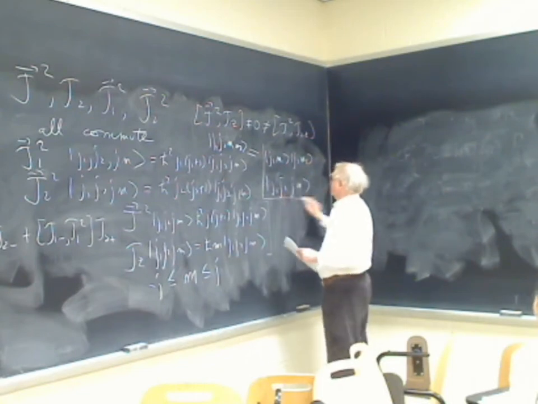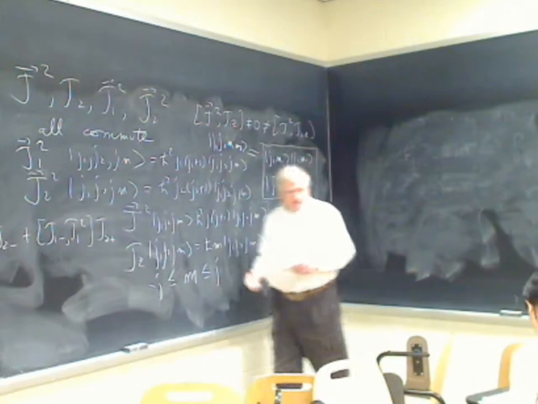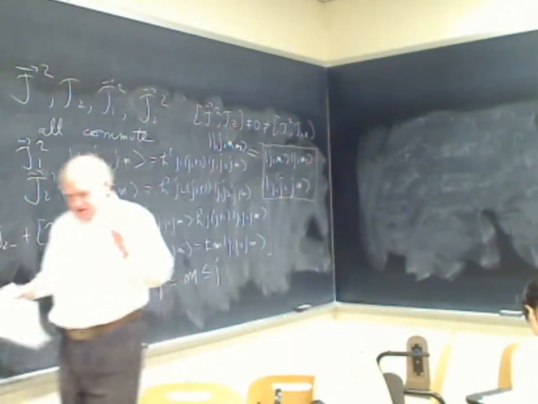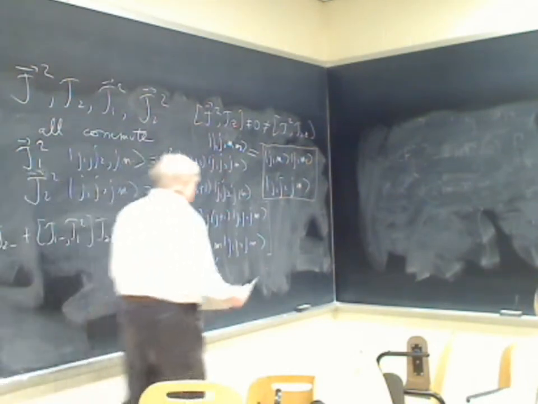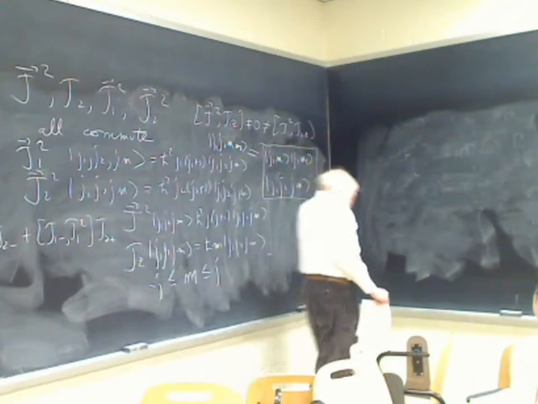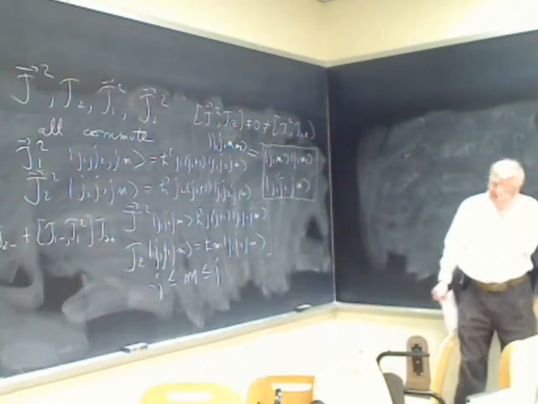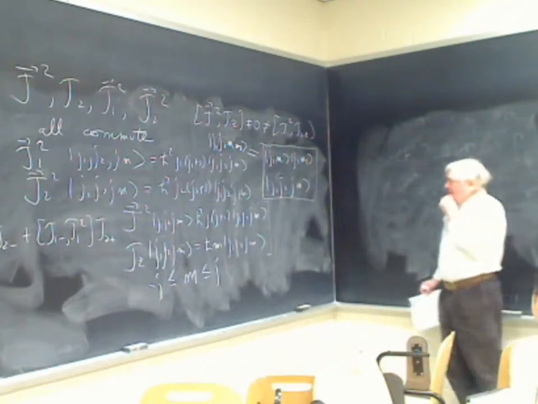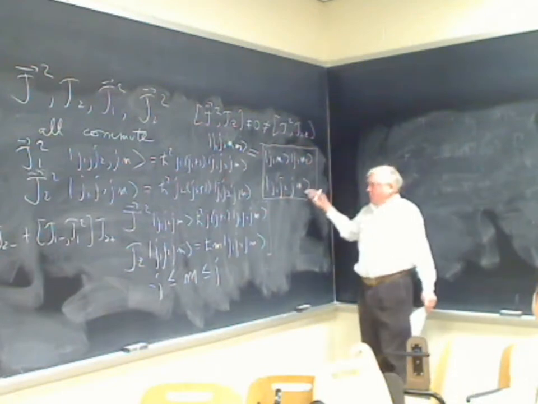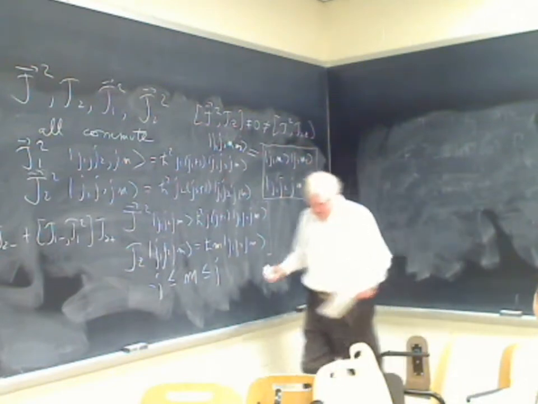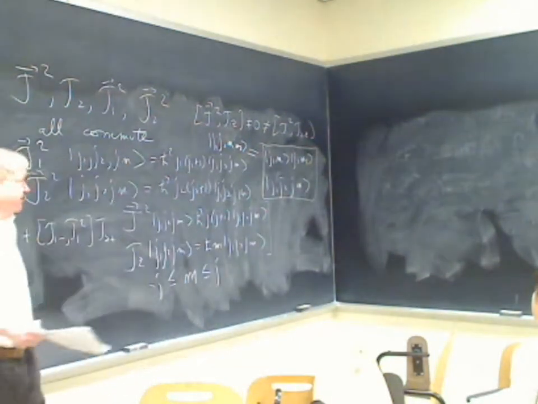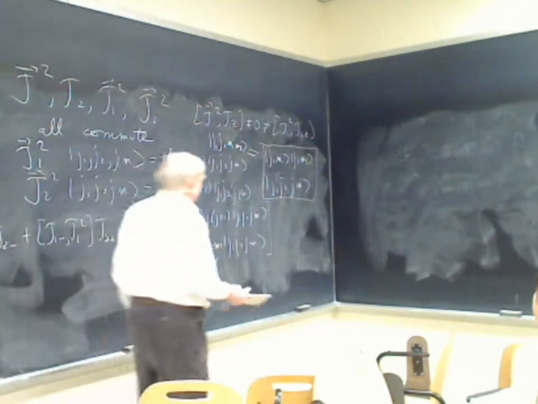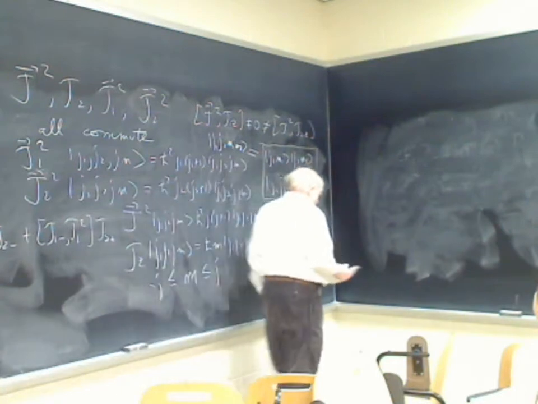So these are going to be the 2 sets of states. We have 2 different bases for our vector space, the vector space for the system of 2 angular momenta. And what we want to do is see what the relations are between these vectors. We want to learn a few more things.